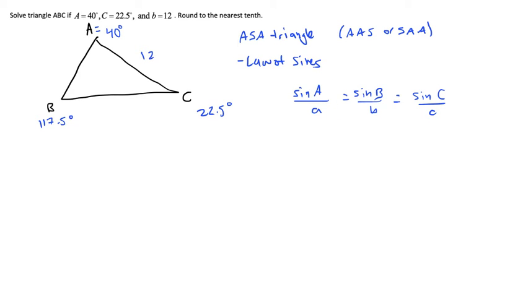So let's set this up. What do we know? I've got the sine of 40 degrees, and of course we're going to have to use a calculator to get that, over A. We actually don't know the length of side A. That's going to equal the sine of 117.5 degrees all over its opposite side, which is 12. That equals the sine of 22.5 over its opposite side, which we do not know here.